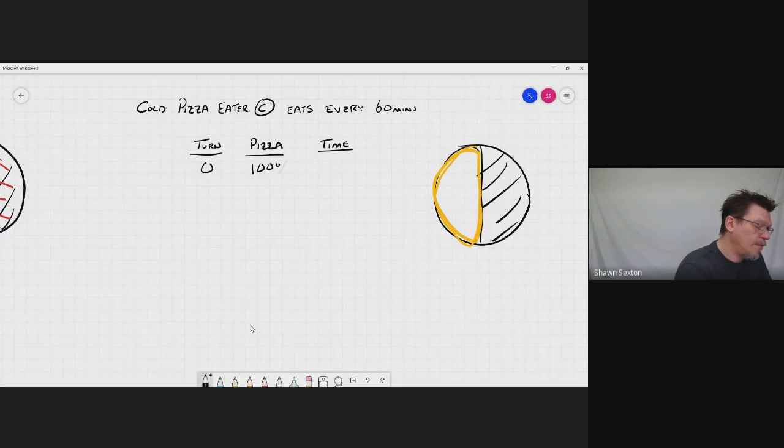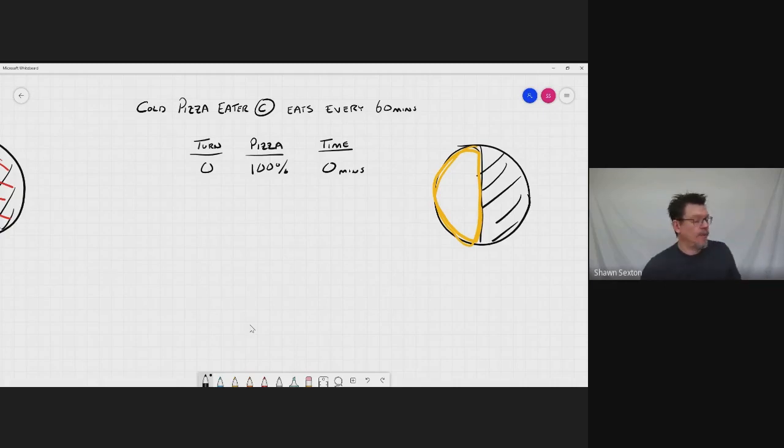100%. And no time has passed yet. Pizza has just been delivered. It's gone right into the fridge to get cold. All right. Now we go to turn 1. So turn 1, how much pizza gets eaten and how much pizza gets left? All right. So if we take 100% and cut it in half, we get 50%.